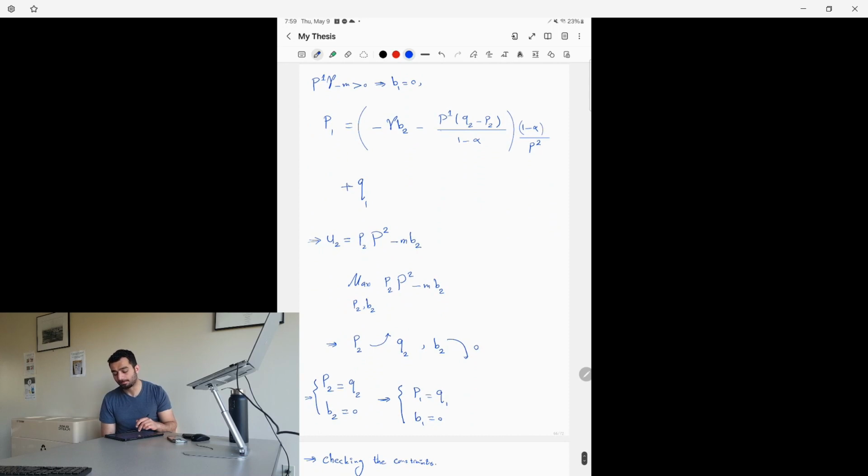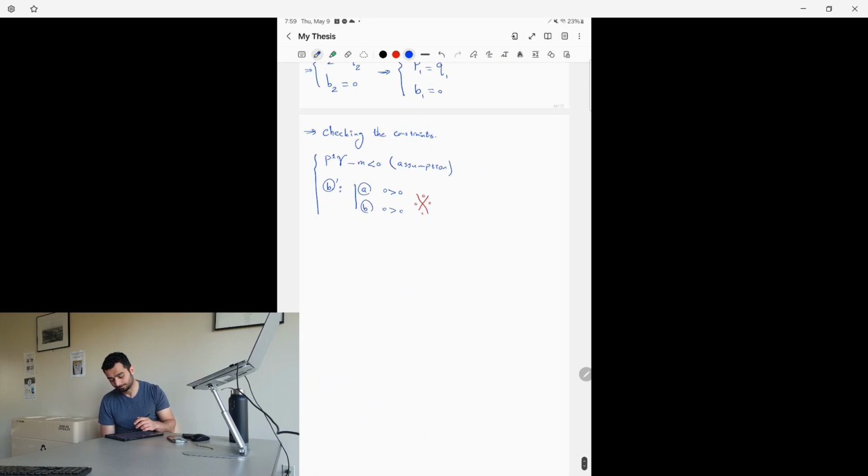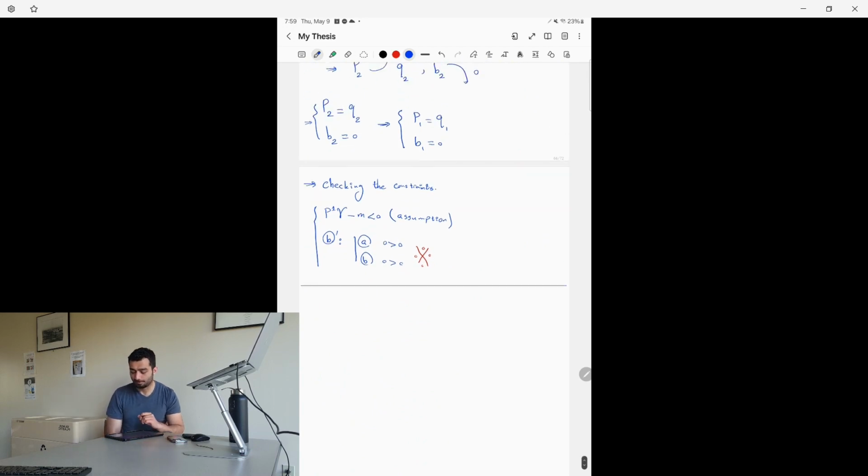P1 gamma minus M less than 0. Or greater than 0. You have to come back and clear everything. Like summarize: P1 gamma minus M greater than 0 assumption, and we are on B prime.